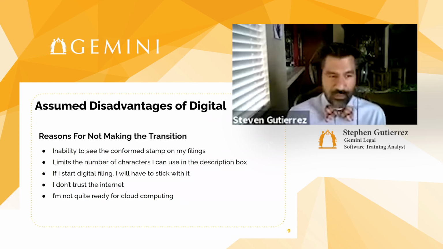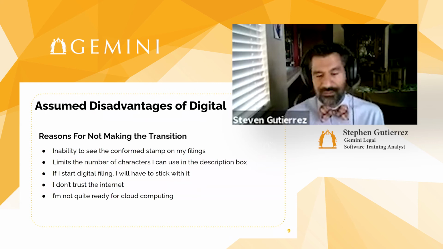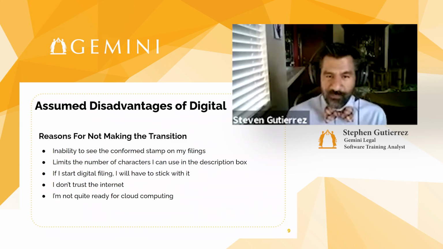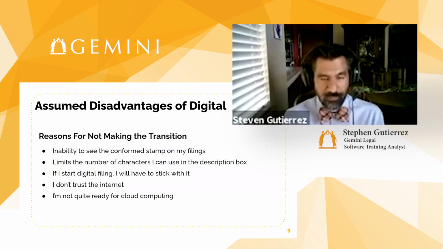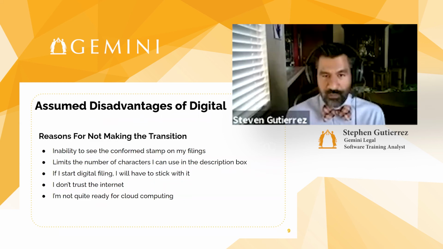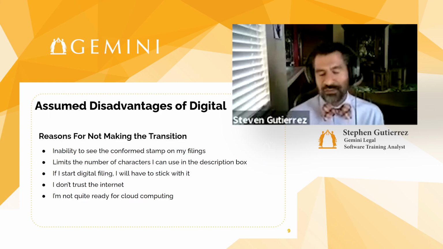We've heard this before: if I start digital filing, I will have to stick with it. This is not true. You are not restricted to any one type of filing if you choose to try one out. Very simply, if you are filing by paper mail and you want to try a digital filing system, you are not bound to that one system.